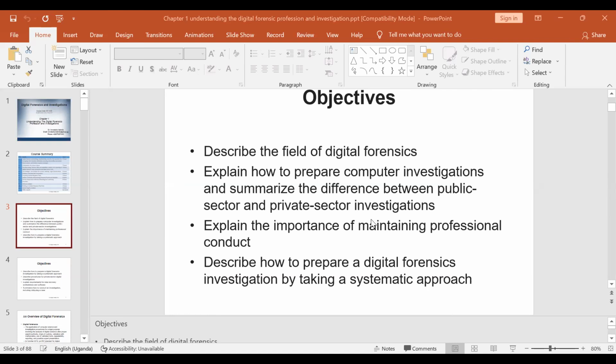The issue about public is that it's handled by government, public offices. For example, the police, like NITA, handle investigation for the public or part of the public. Then the private sector, those are organizations that are specialized in digital forensics to help them handle investigations.